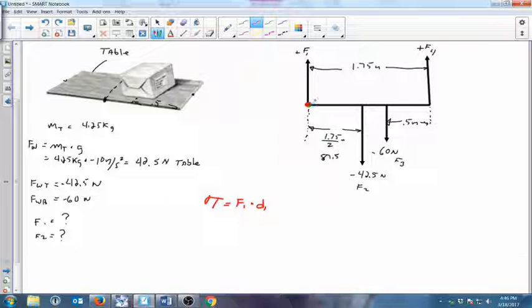But there is no distance. This force is applied directly to that point, which means this is 0. Okay? Now that we know that one, let's go to the next one.